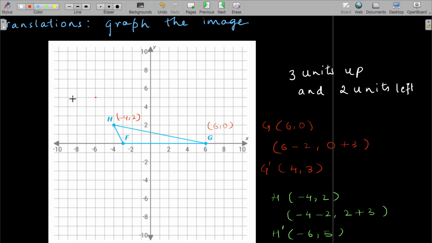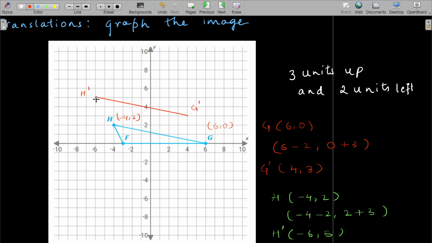And so this point is your H dash, and G dash is 4 comma 3. Let's just connect these 2 points. This is G dash, and the next point we can actually make a guess.